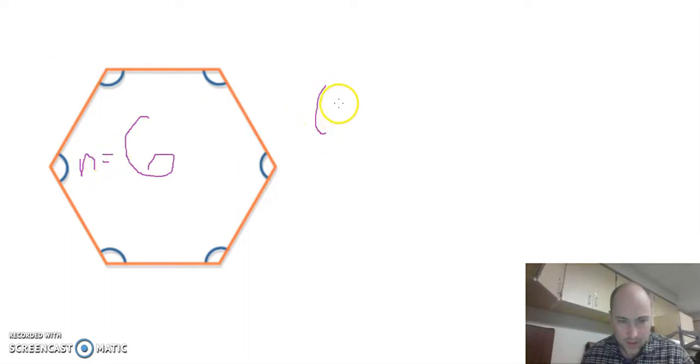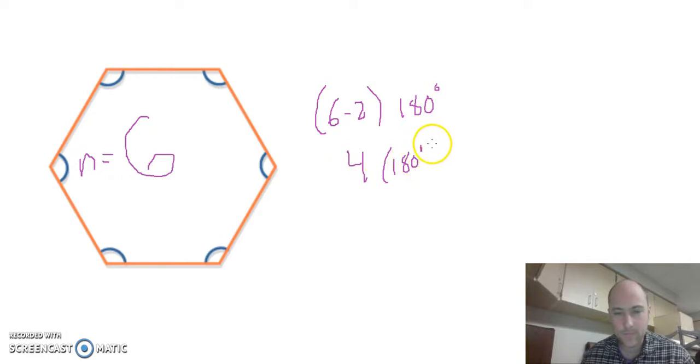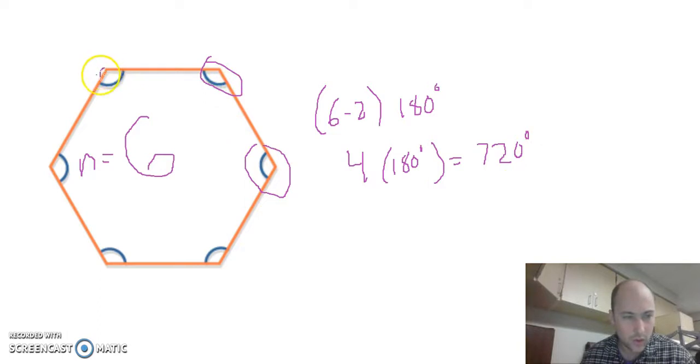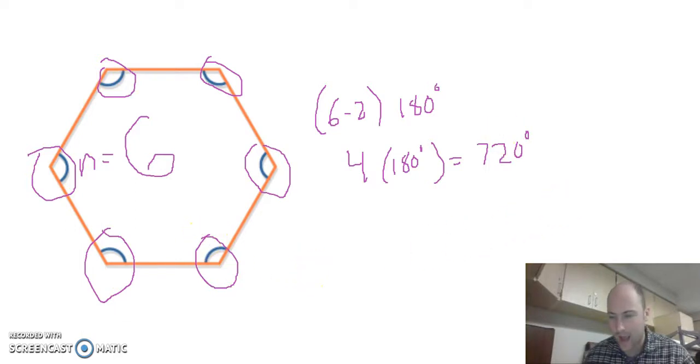We plug in 6 for n: 6 minus 2 times 180 degrees. 6 minus 2 is 4, so 4 times 180 degrees equals 720 degrees. So if we added up all these blue angles, 1, 2, 3, 4, 5, 6 angles, they would have to add up to 720 degrees.